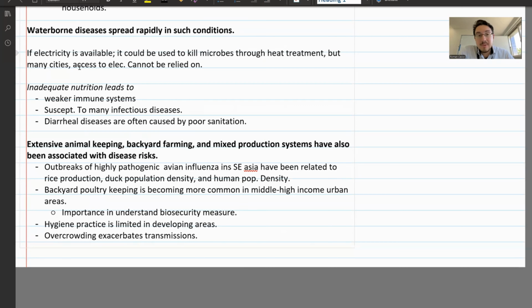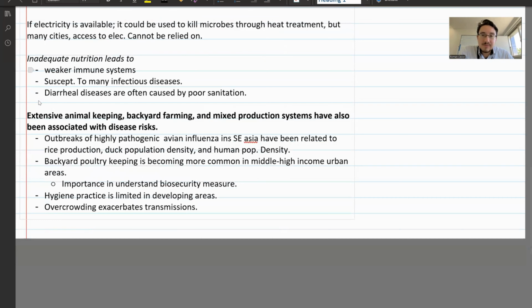Aside from that, always talking about poor living conditions, is nutrition, right? How can you develop a good immune system if you don't have the nutrients, the food, good sources of vitamins and minerals to essentially boost your immune system? So weak immune systems, weak individuals would be susceptible to more infectious diseases.